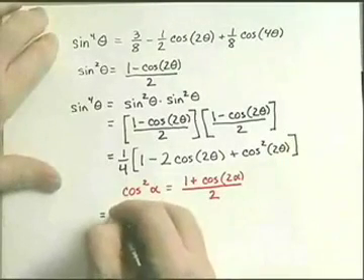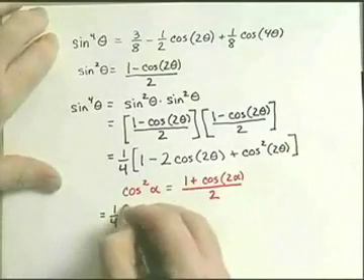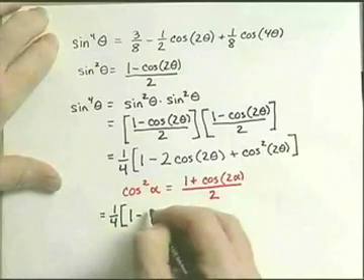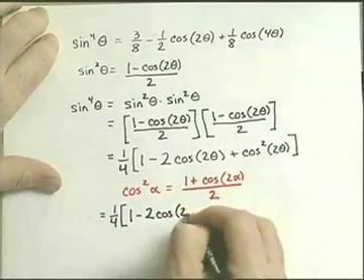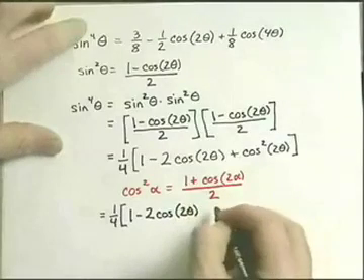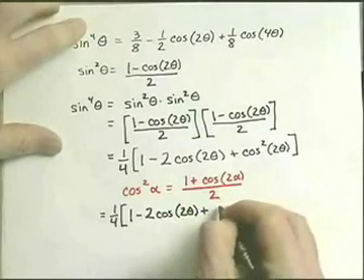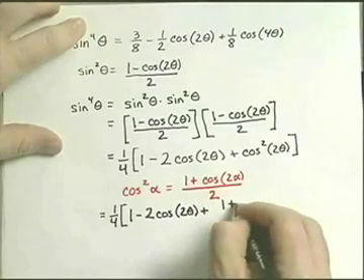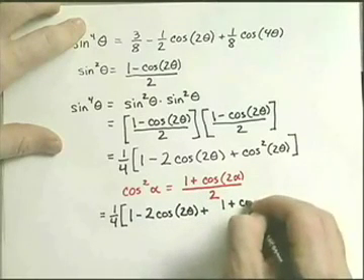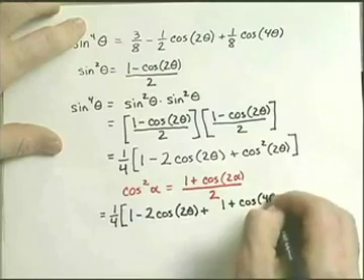So we're going to have 1/4 times 1 minus 2 cosine of 2 theta plus, and I'm going to enter this expression in there, 1 plus the cosine of 4 theta.